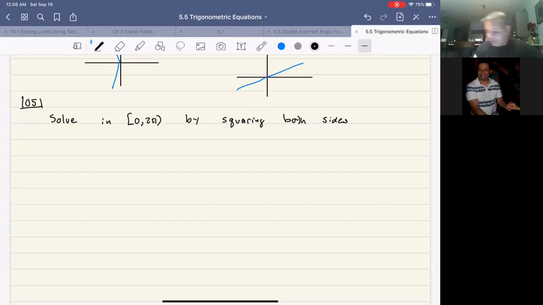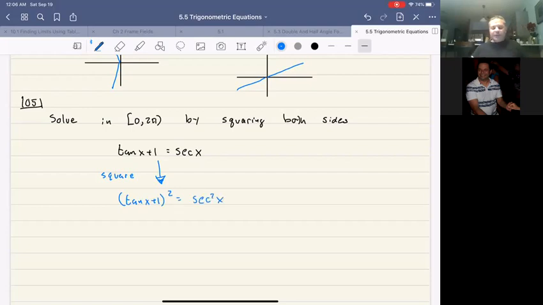Okay, and that is tan x plus 1 equals secant x. Okay, so if we square both sides, we get tan x plus 1 squared equals secant squared of x.